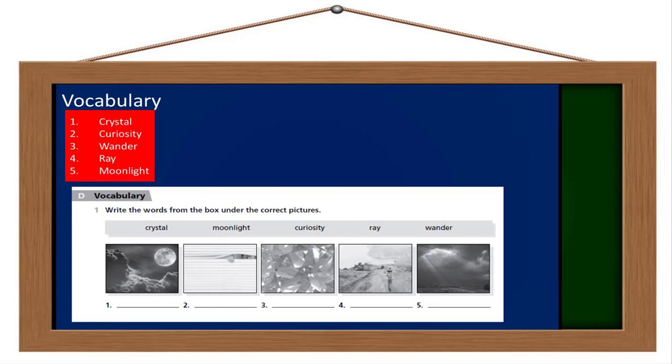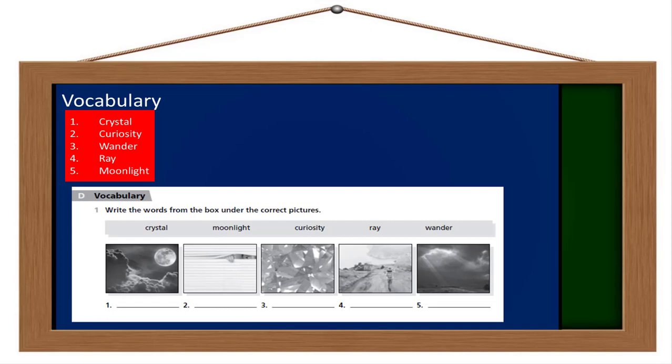You write the word from the box under the correct picture. We have five pictures and five words in the box: crystal, moonlight, curiosity, ray, and vendor. Look at the first picture. This is the moon, right? So it should be moonlight.